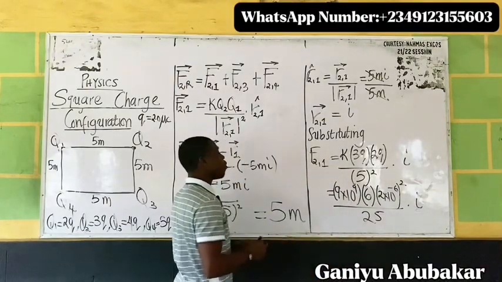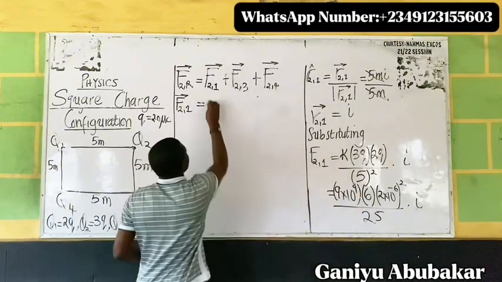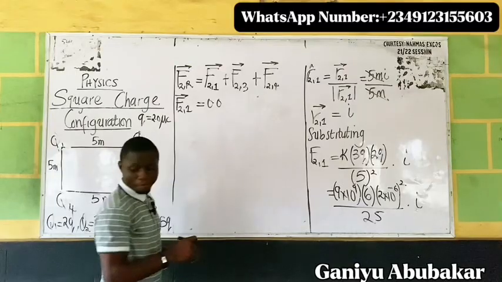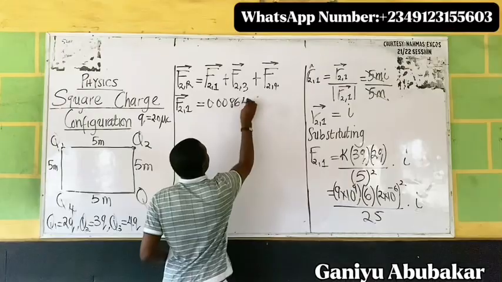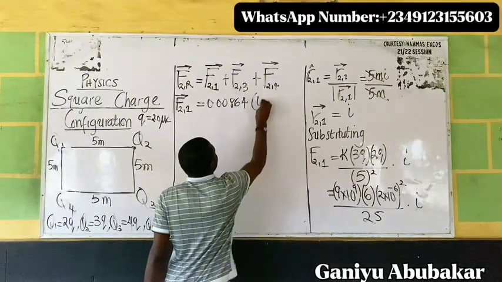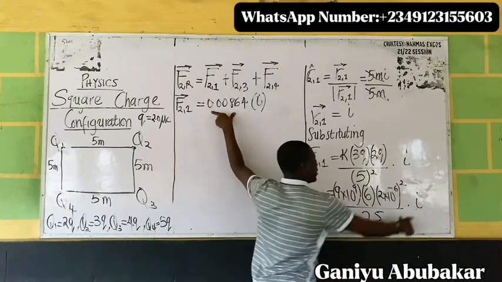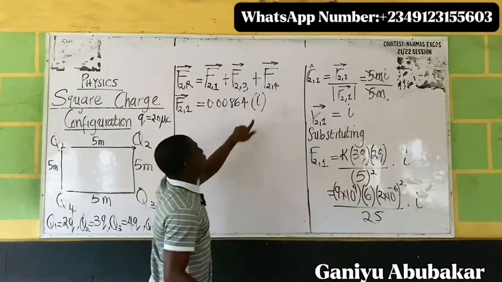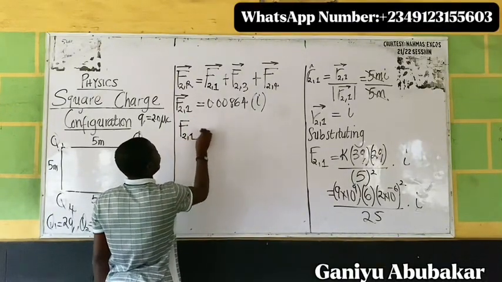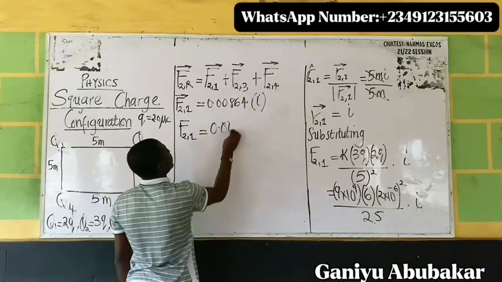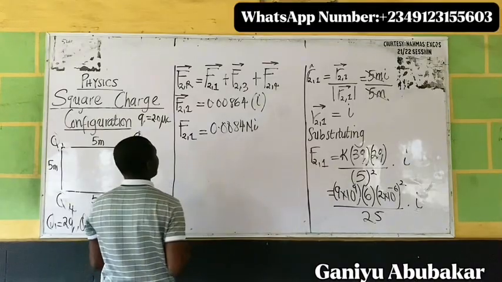Let's get the value of F21. If I punch it properly, it should give me 0.0000864, in bracket i. Now multiplying together, the value of F21 will be equal to 0.00864 Newton i. That's my value for F21.